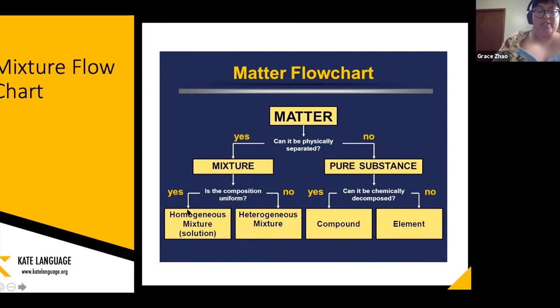A homogeneous mixture is a solution. A solution is really if you have two or three things all mixed together and they don't separate. So a common mixture or solution that I can think of is water and salt.